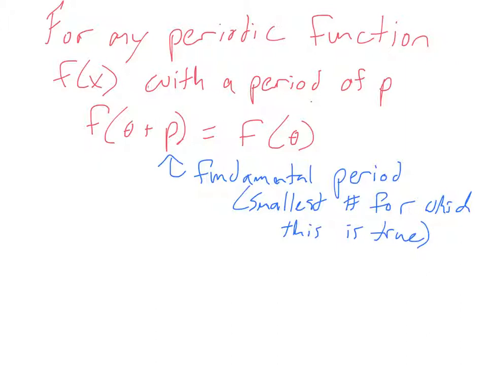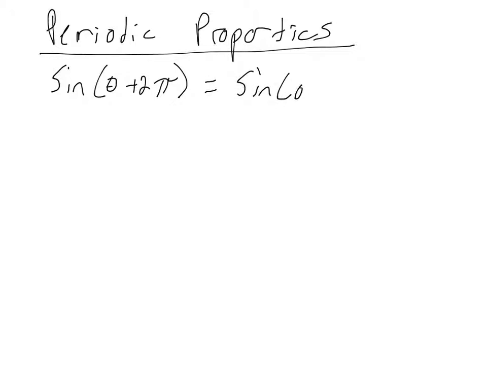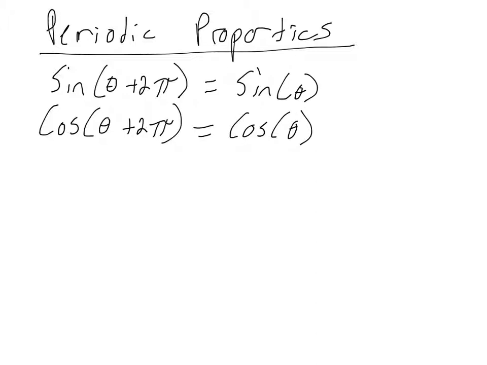So the periodic properties of the trigonometric functions say that sine of theta plus 2 pi has to be equal to sine of theta. Cosine of theta plus 2 pi has to be equal to cosine theta, because 2 pi is the period of sine and cosine, right?